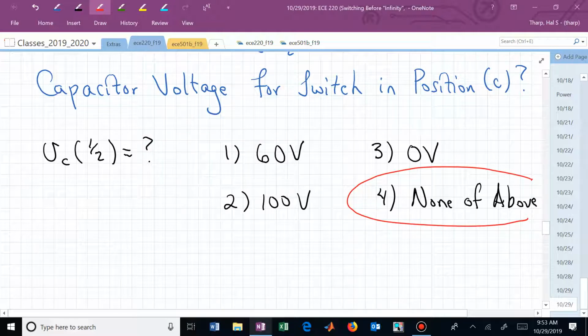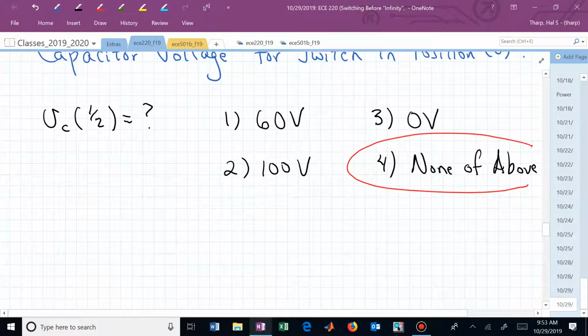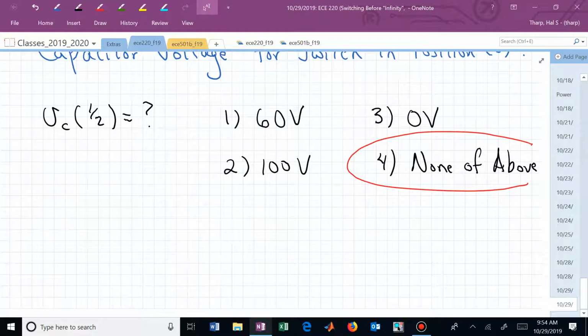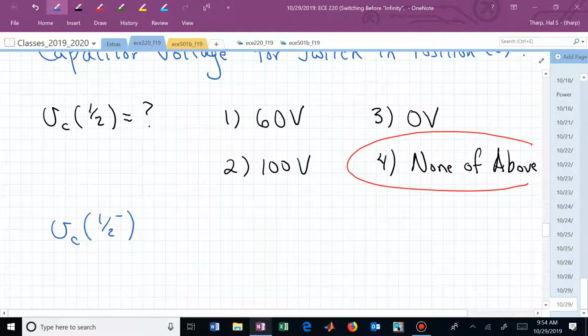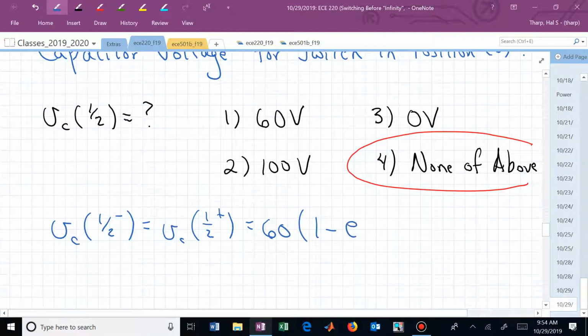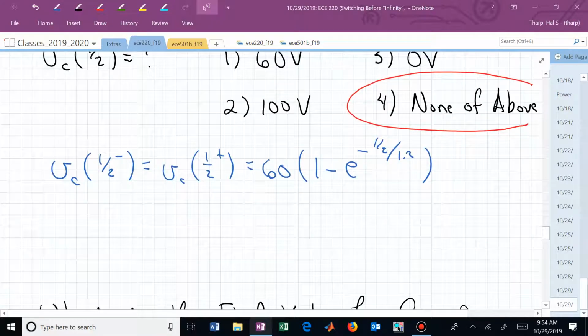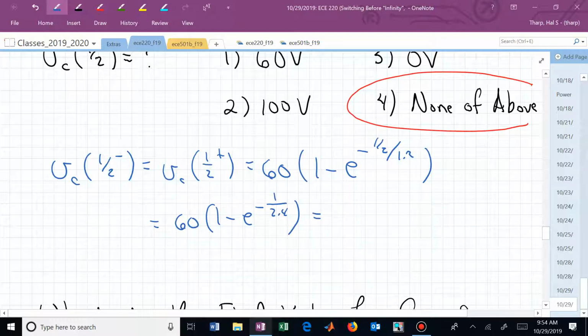Here it was actually none of the above. Sort of set that one up, hopefully. Now we have V sub c of 1/2 minus is the same as V sub c of 1/2 plus, which is 60 times 1 minus e to the minus 1/2 over the 1.2. Or this is now 60 times 1 minus e to the minus 1 over 2.4.